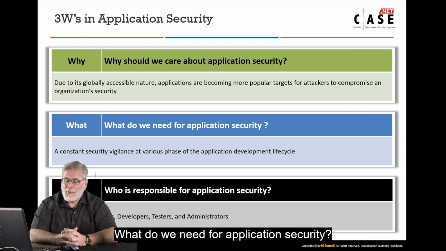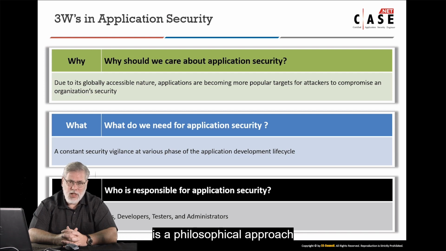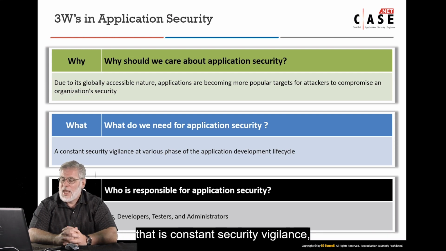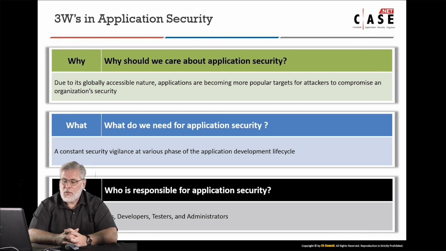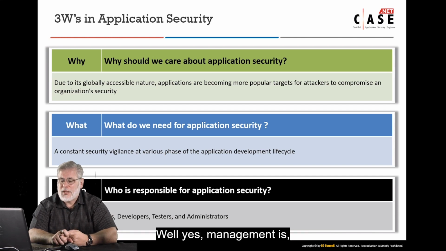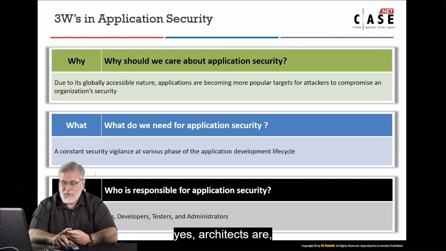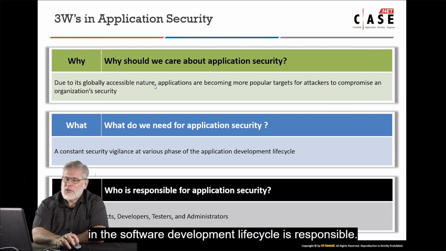What do we need for application security? Well, one of the things we'll talk about is a philosophical approach that is constant security vigilance at every phase of the software development lifecycle. Who's responsible for application security? Well, yes, management is. Yes, architects are. Developers, testers, administrators, everyone involved in the software development lifecycle is responsible.